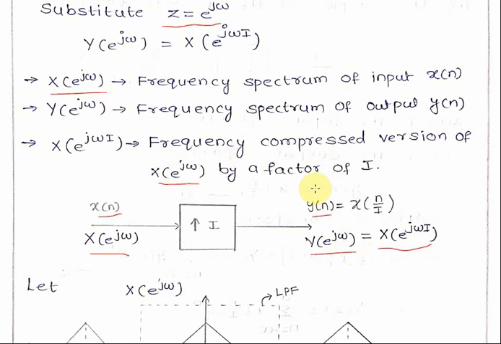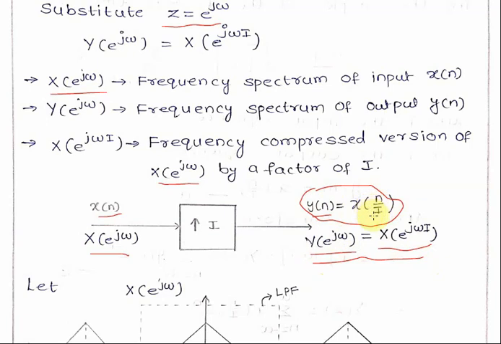This is the time domain expression for the output of interpolator. This is the output of interpolator in frequency domain representation. Here n by I is there, here j omega into I is there. Time domain and frequency domain both are inversely proportional.